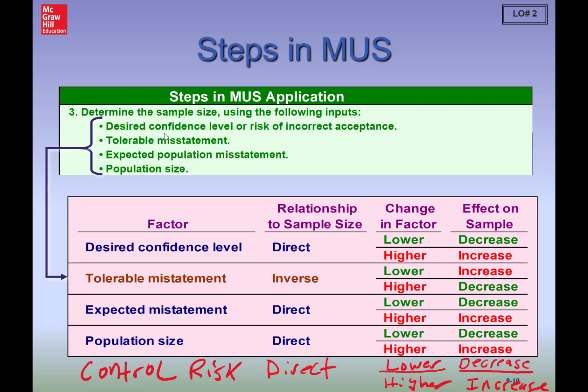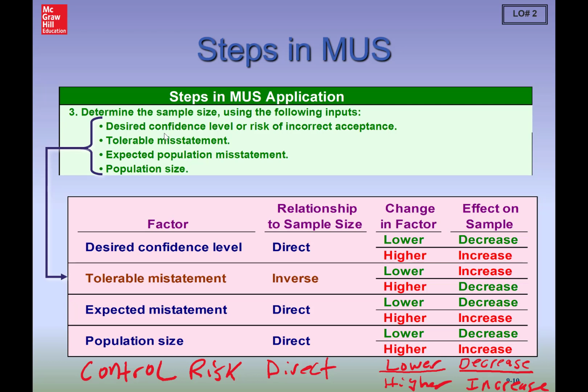So if we're at 90%, we can have a smaller sample size, because we're saying we're taking on more risk that we'll incorrectly accept the financial statements. The more risk, the smaller the sample. Remember the apples? We're taking on more risk, right? If we are going to try to increase our confidence in the sample, we need larger samples, right?